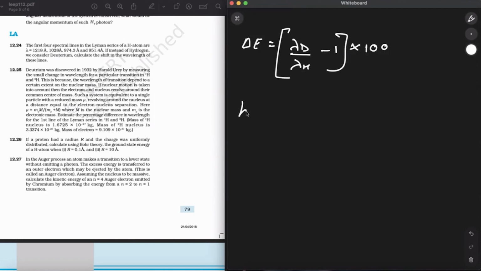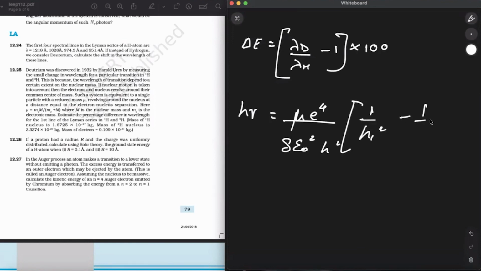Alright. So now h nu can be written as mu times e^4 whole divided by 8 epsilon naught squared h squared, times 1 upon n1 squared minus 1 upon n2 squared. So h nu is what we have.